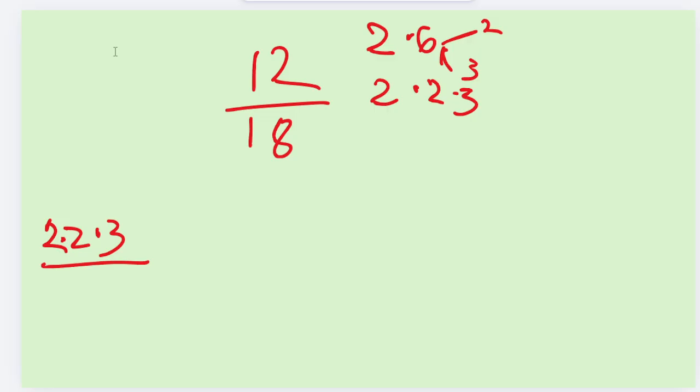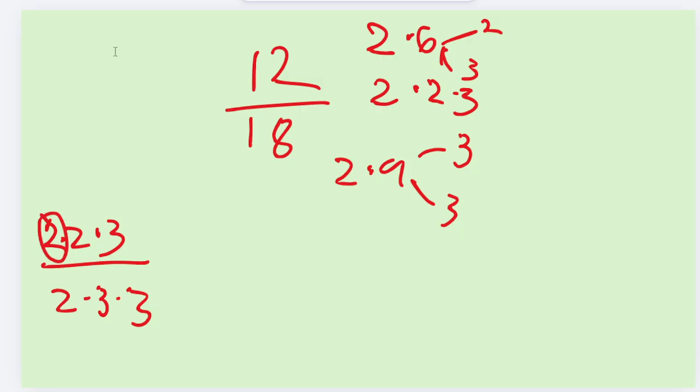Same thing for 18. We're gonna get 2 times 9. But we know that 9 is 3 squared, which means that 9 can be broken down into 3 and 3. So that gives us 2 times 3 times 3. Get it? Okay. Looking at these numbers, we can see that we have one 2 in common and one 3 in common.